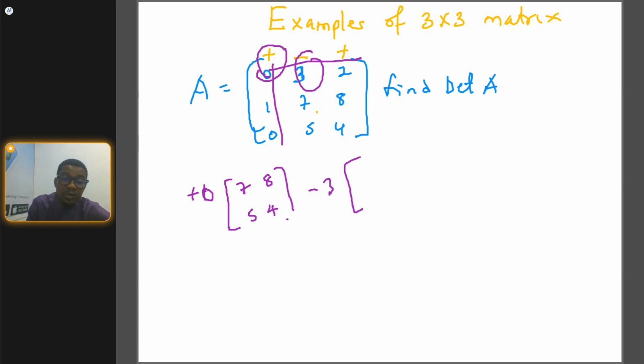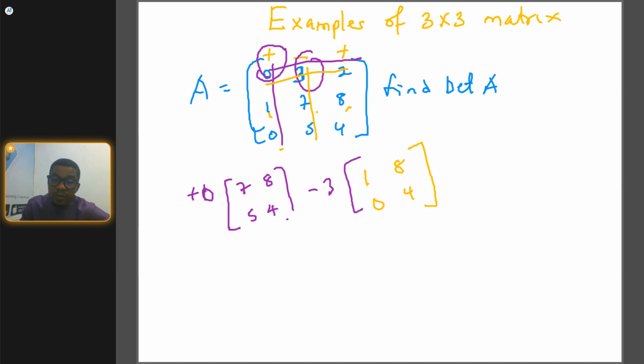Cancelling where you have minus 3, this will go, and this will go. We'll be left with 1, 8, 0, 4. Now let's go ahead to find the determinant of this.